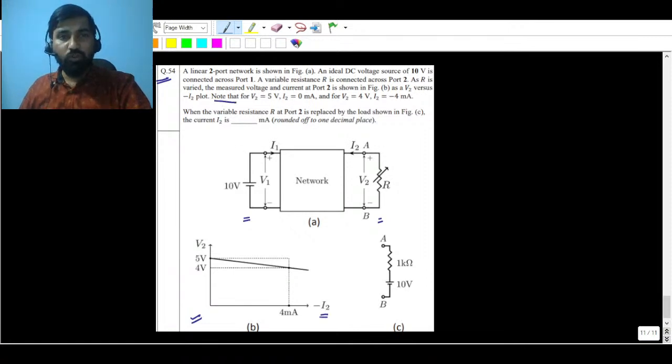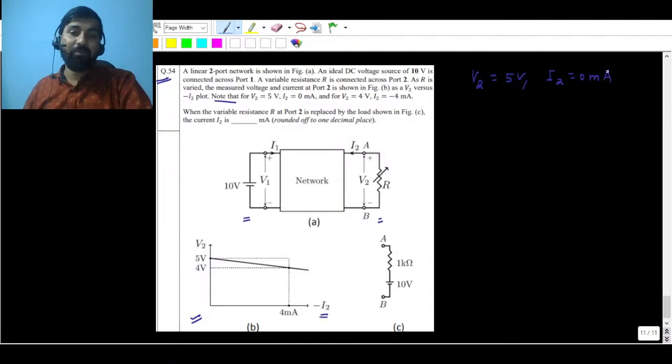They have given a note that V2 is equal to 5 volt when I2 is equal to 0 milliampere. If I2 is 0 here, from this plot your V2 is going to be 5 volt.